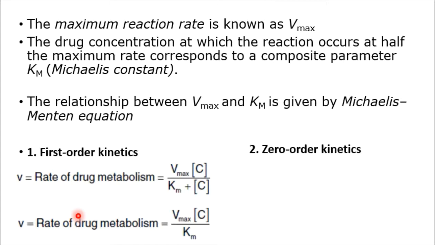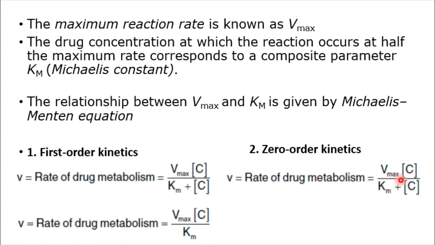In the other case, in zero-order kinetics, the equation can be written as Vmax multiplied by plasma concentration over Km plus plasma concentration. Since plasma concentration in cases of zero-order kinetics is very high, we can just neglect the value of Km, and the equation can be rewritten as Vmax multiplied by plasma concentration over plasma concentration.